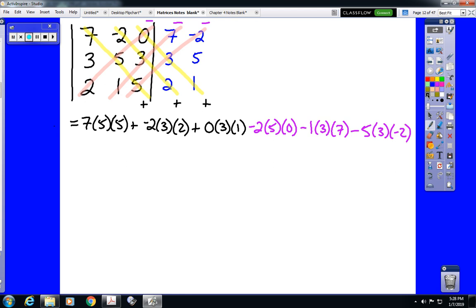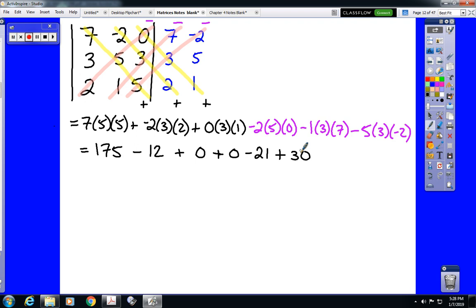And we, once again, are going to simplify that down to one number. So 7 times 5 times 5 is 175. Minus 12 plus 0 plus 0. Could write minus 0 if you prefer, it doesn't matter. Minus 21 and then plus 30.